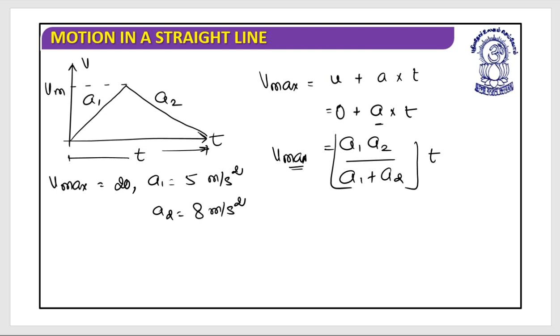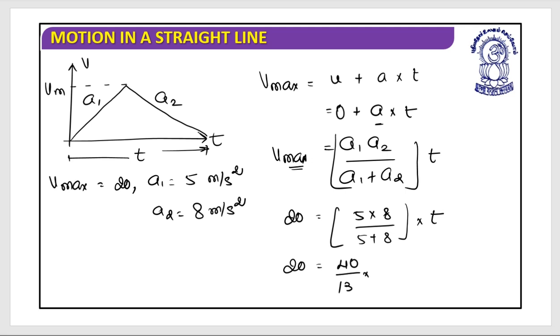So 20 is equal to A1 A2, that is 5 into 8, divided by 5 plus 8, multiplied by T. If I solve this, 20 is equal to 40 by 13 into T. So T is equal to 13 by 2, or 6.5 seconds. This would be the answer.